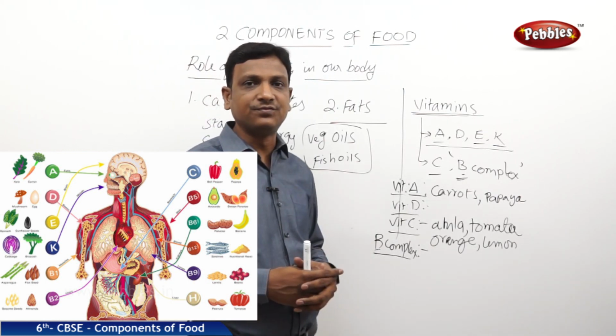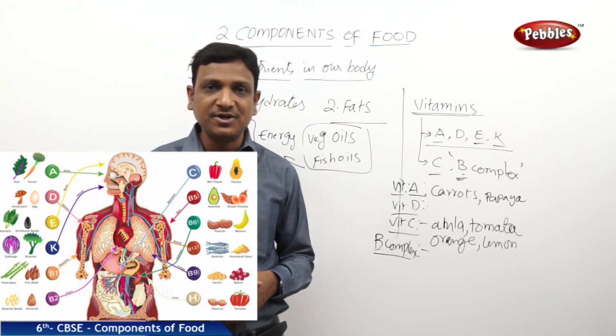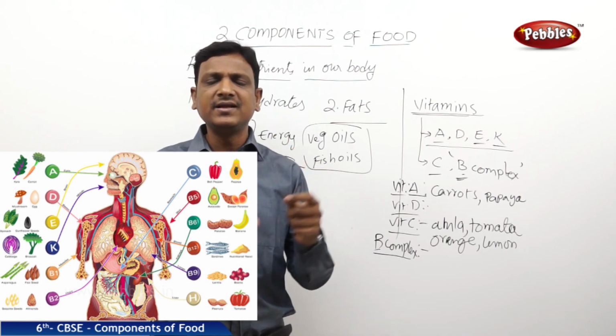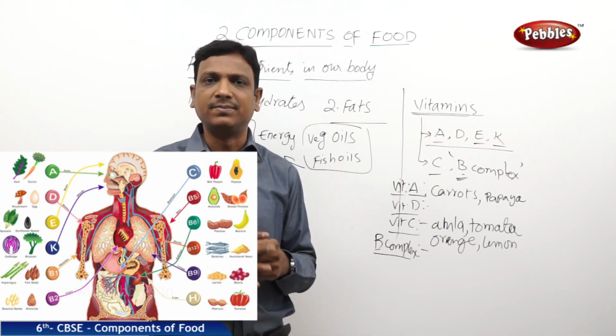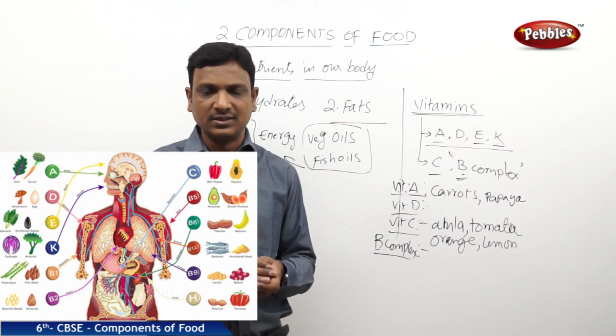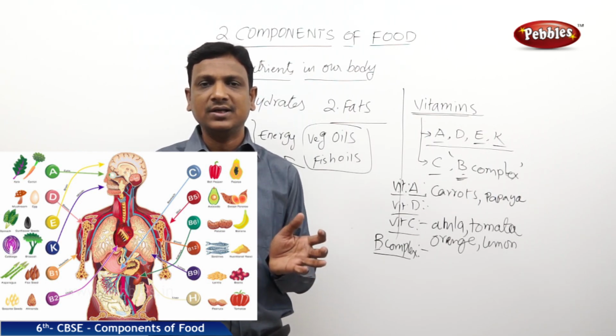So the B complex is found in the cereals and grains, especially the grains for which the coating is not removed. We are eating polished rice, polished wheat, polished pulses. You see the pulses, the dal which you are eating, it is polished. The cover is completely removed and it is cleaned and some oil is applied, so it is so shiny.